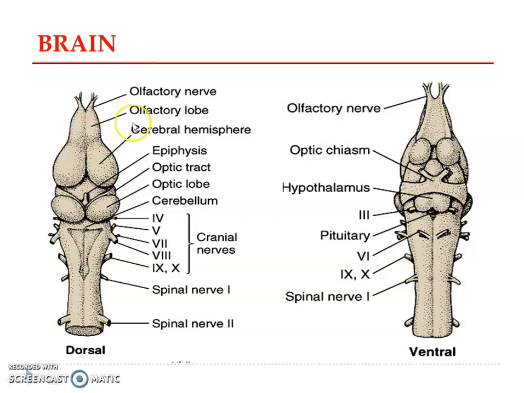So what about the next one, the cerebral hemisphere? We have already seen that the cerebral hemispheres have a structure referred to as the pallium, the thick roof of the cerebral hemispheres, and the pallium controls the activities of the olfactory, tactile, and optic organs.